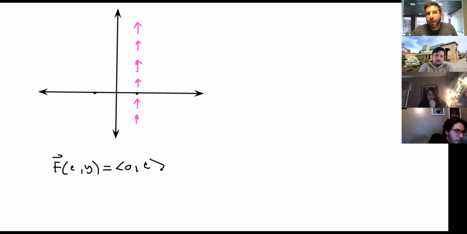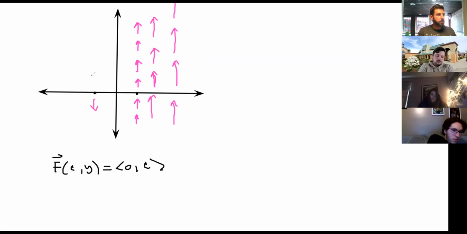How can we show that to the reader? As I go out to the right, the vectors are longer. And similarly, if I look at the negative, it's going to be the opposite. They're going to be going down.